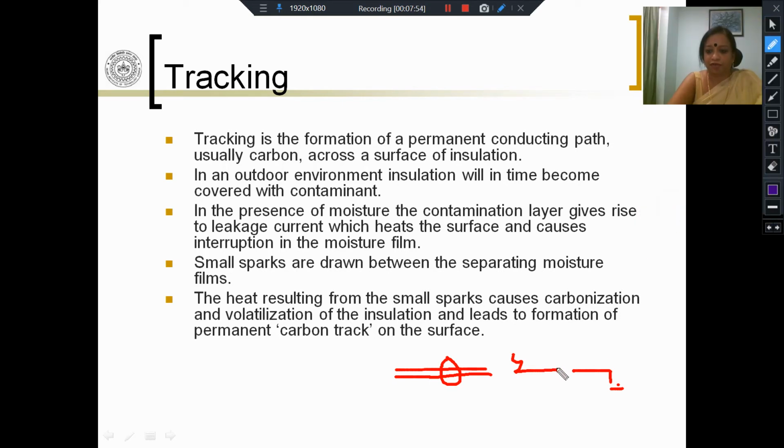So now the high voltage is available here and the low voltage is available here, and there is a very small gap distance which is separating out the high voltage and the low voltage electrode.